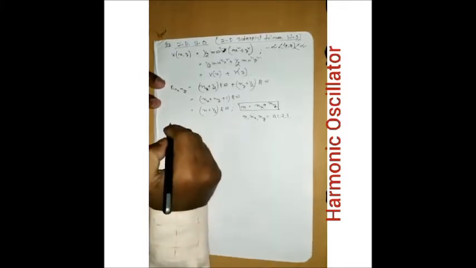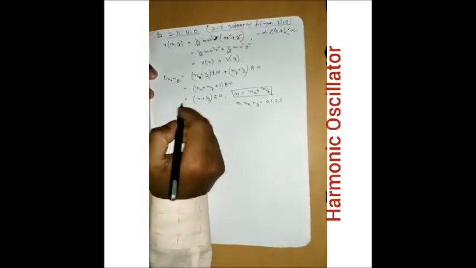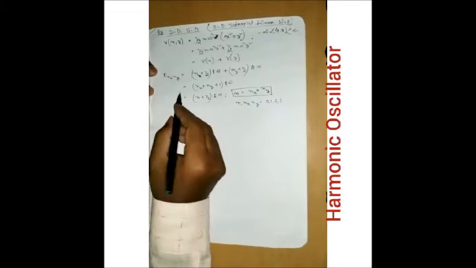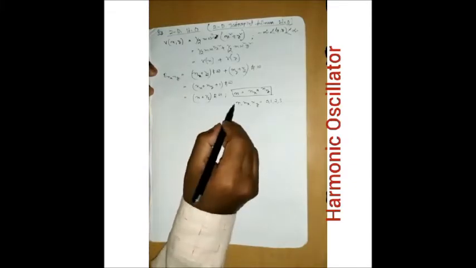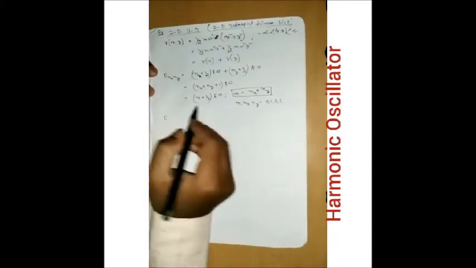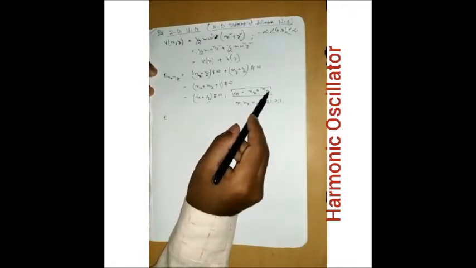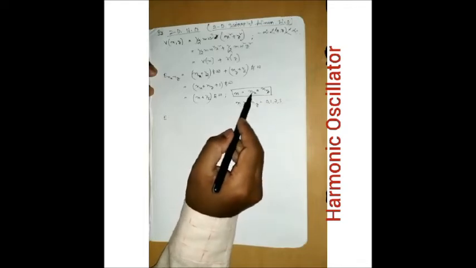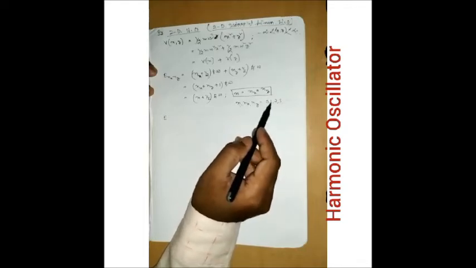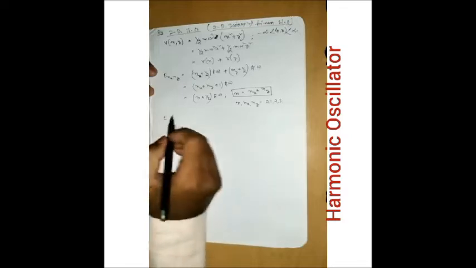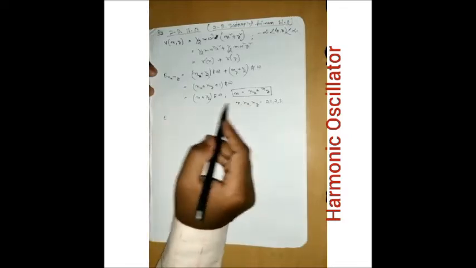Now see, let us find the ground state energy. For finding the ground state energy, n equal to 0. So when n equal to 0, nx and ny must be 0, because they also have values 0, 1, 2, 3. That means nx and ny are both equal to 0.